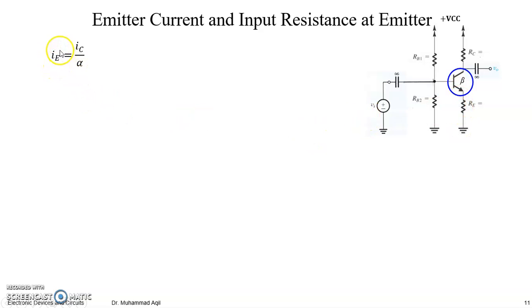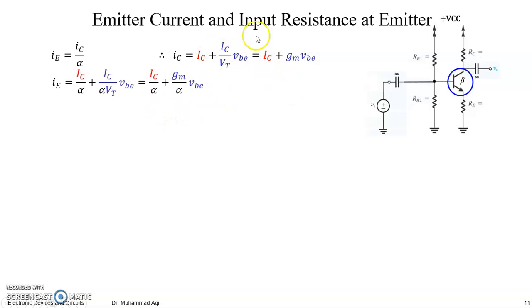So we have an emitter current relation with the collector current, IE is IC by alpha, right? We already derived IC, so we will follow the same steps as previously for base current. So again IE is equal to IC by alpha. So divide this equation by alpha, you can get this, or instead of IC by VT you can write gm.